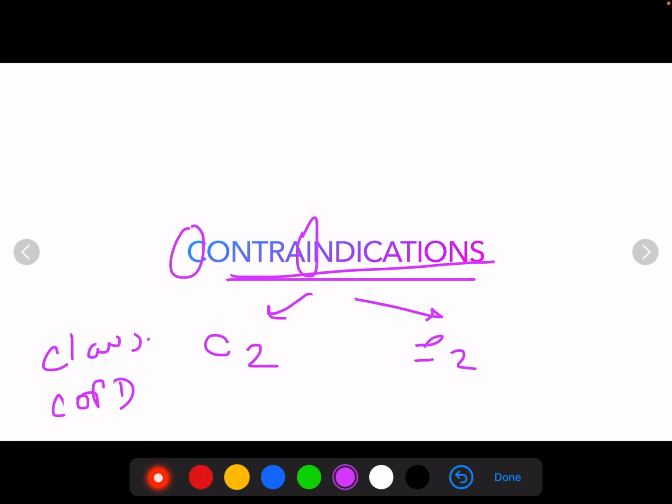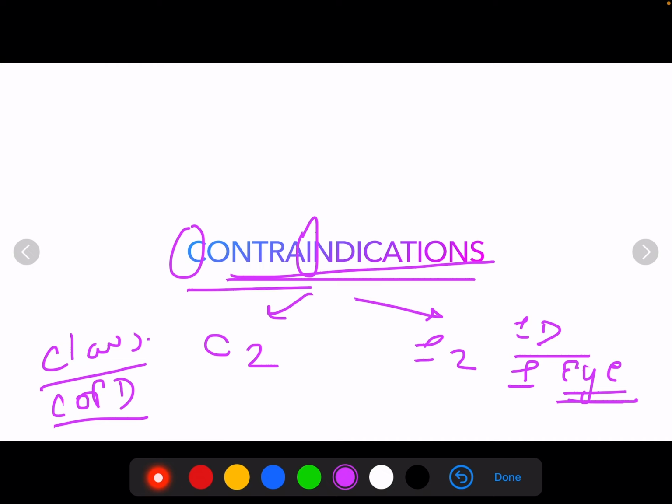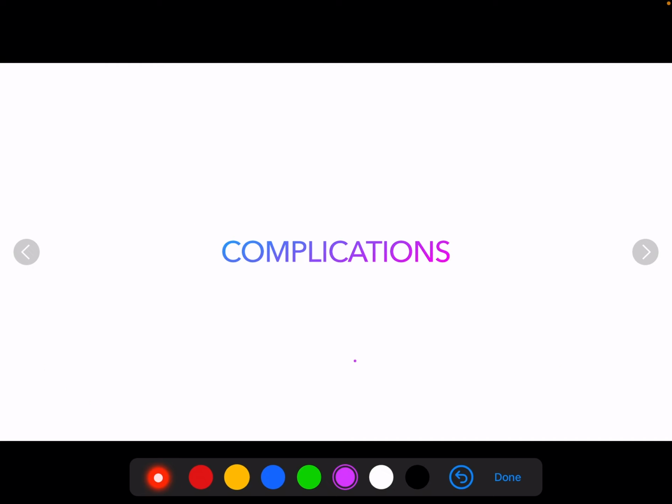For I, patients who are having immunosuppressive disorders, and next I is for eye, that is optic neuritis. So patients having optic neuritis, immunosuppressive disorders, who are claustrophobic and are having COPD are the contraindications for HBO therapy.